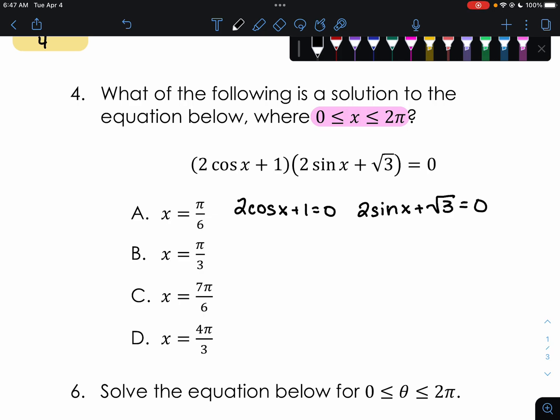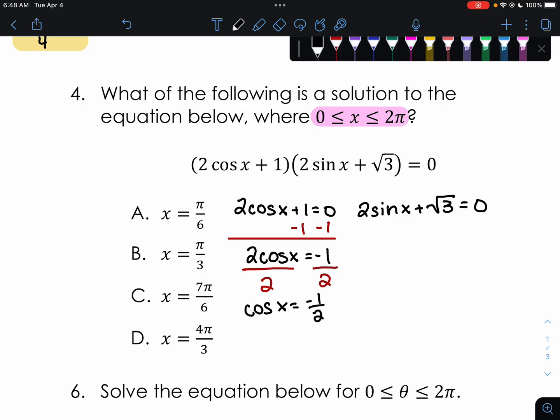Then I'm going to solve each equation individually. I'm going to start by subtracting 1 from both sides. That leaves me with 2 cosine x equals -1. Then I divide both sides by 2, and I get cosine x equals -1/2.